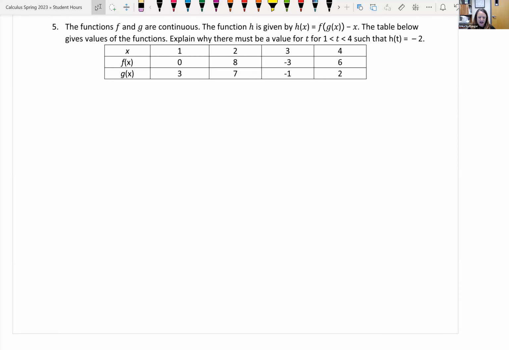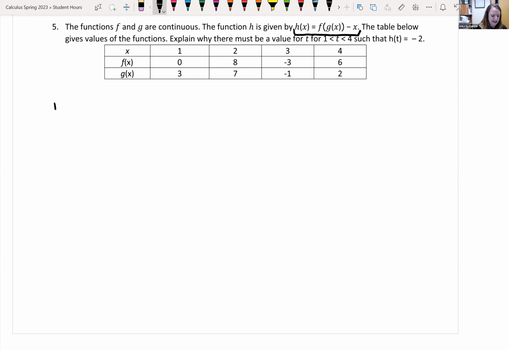Okay, so looking at this. Again, we are given that h of x is equal to f of g of x minus x. I want to know that there's some value between 1 and 4, such that h of t is equal to -2.